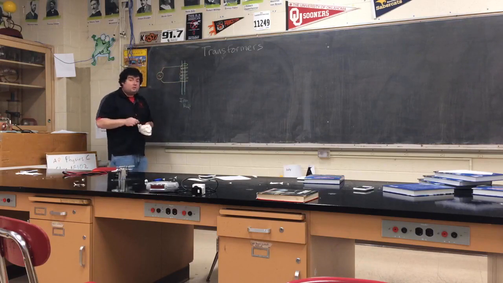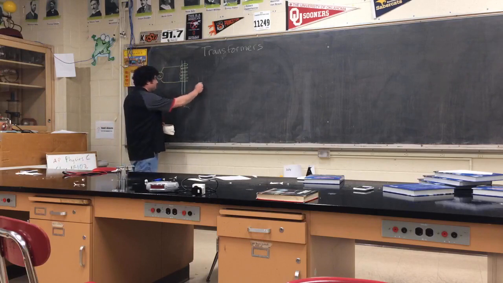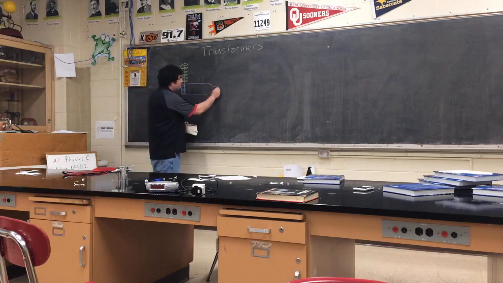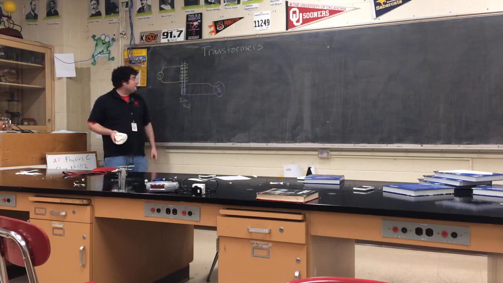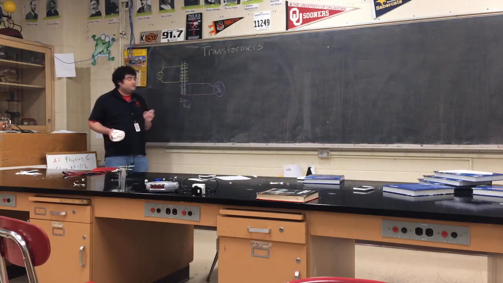And then another coil of wire that's entirely insulated from it, but is wrapped around that same metal object. It turns out that even though there's no electrical connection between the two, you can actually make a light bulb light, or you can power a circuit using this arrangement. I'd like to show you this.